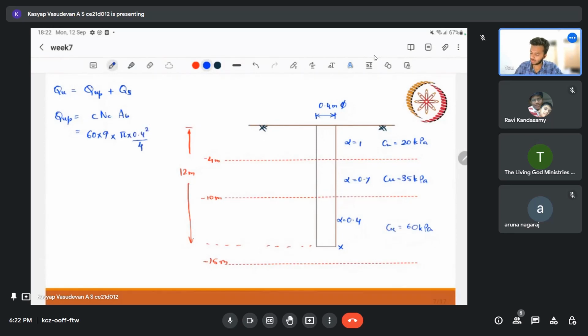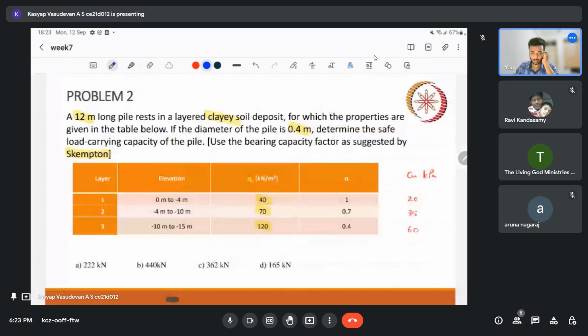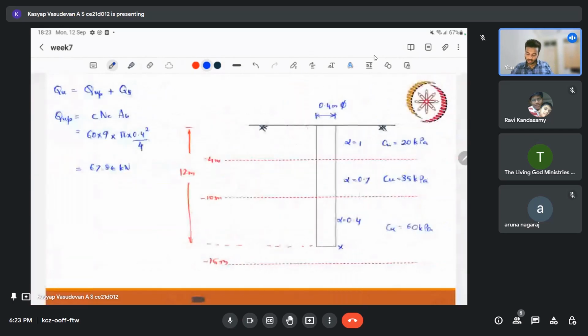So this turns out to be 67.86. Now talking about the skin friction. We have three different layers, so we can take three different terms.